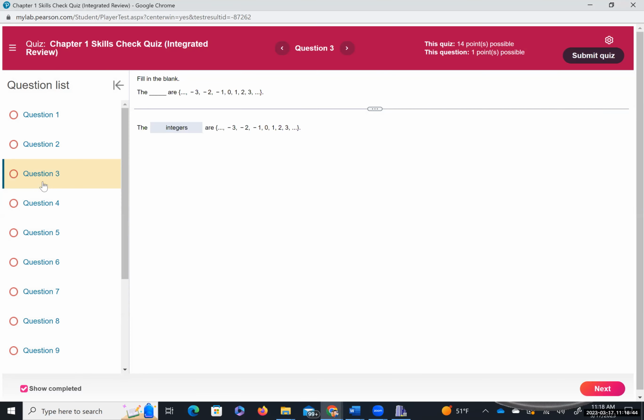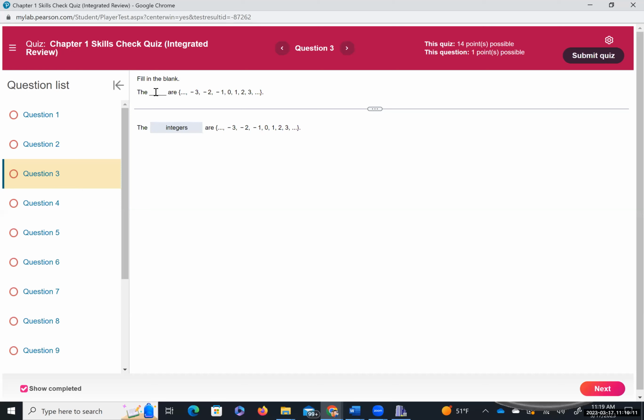In part number 3, we want to fill in the blank. Look at these numbers. They are all integers, because -3, -2, -1, 0, 1, 2, 3. You can keep going with this pattern, like -4, -5, and on the other side 4, 5, something like that. So they are integers, and you have to type integer in here.